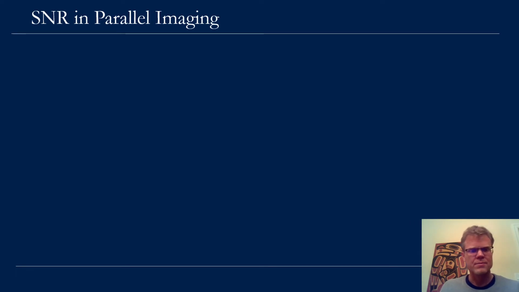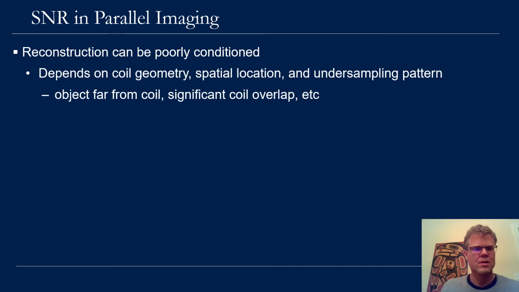Okay, another key concept in parallel imaging is, well, what happens to SNR? There's a new part of our SNR equation that we're going to need to add here due to the fact that the reconstruction can be poorly conditioned. What does this mean?